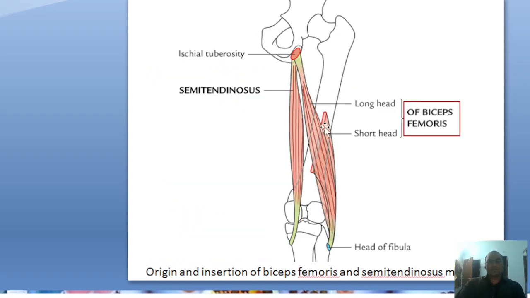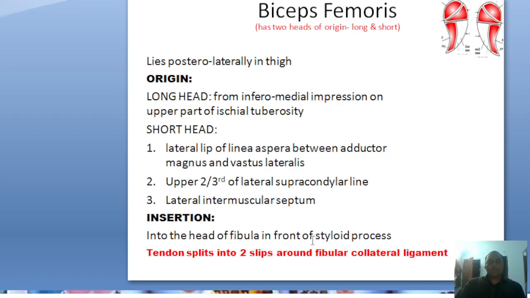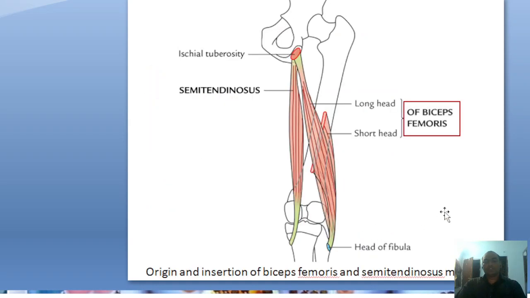Both ends unite and insert into the head of fibula, in front of the styloid process.